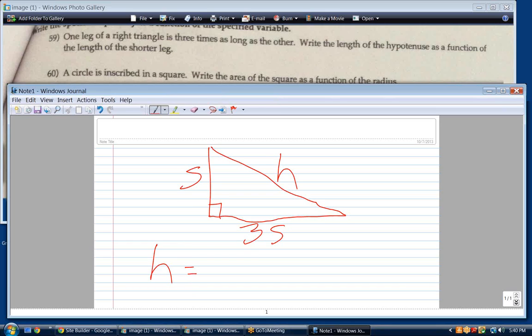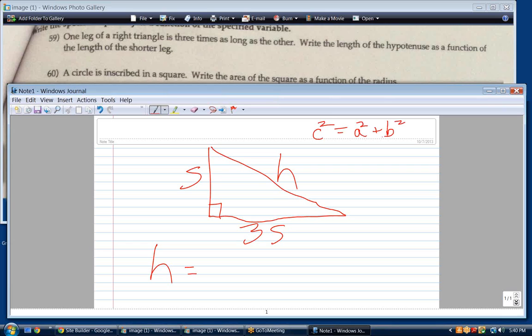Using the Pythagorean theorem. What's the hypotenuse again? That's the side that's opposite the right angle. Okay. And the hypotenuse squared is equal to the sum of the squares of the sides.